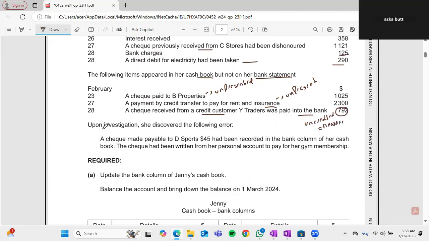Okay. Upon investigation, she discovered the following error. A check made payable to D Sports, which is $45, had been recorded in the bank column of her cash book. The check had been written from her personal account to pay for her gym membership. So it means that we have to increase the cash book.